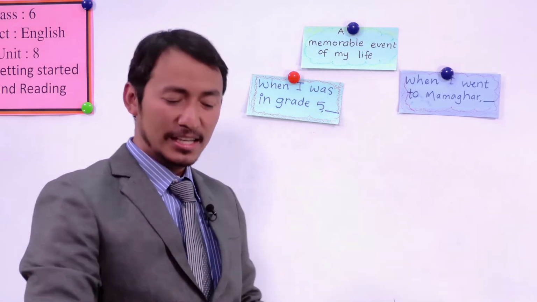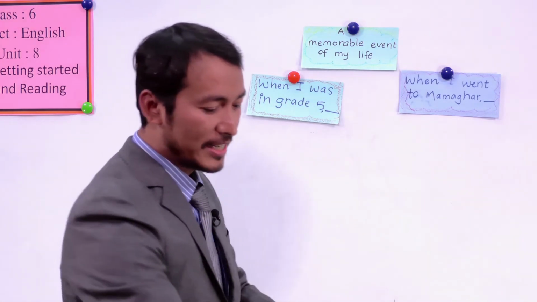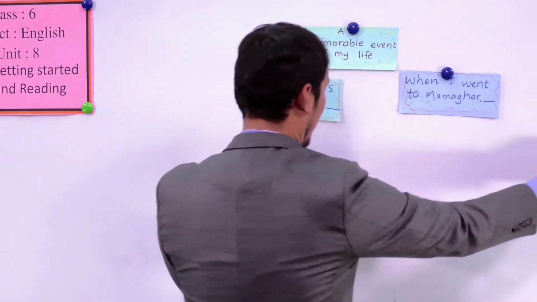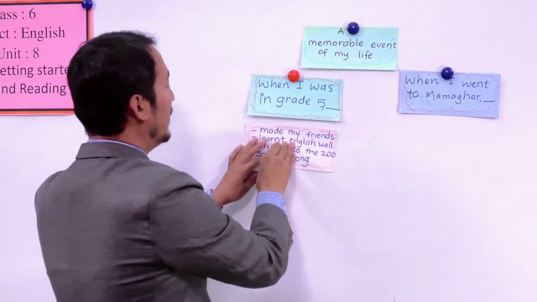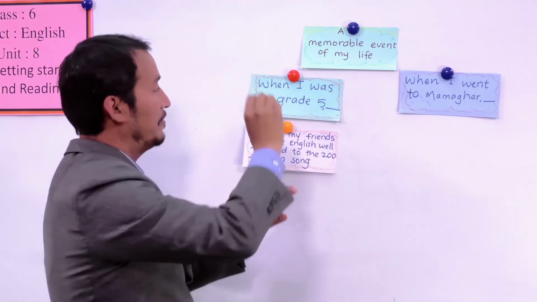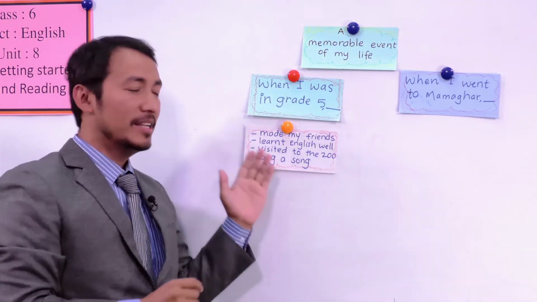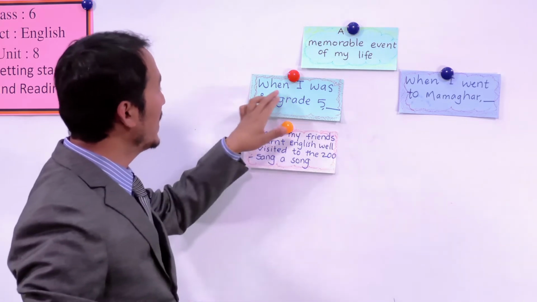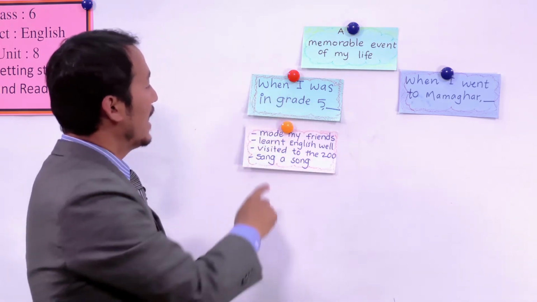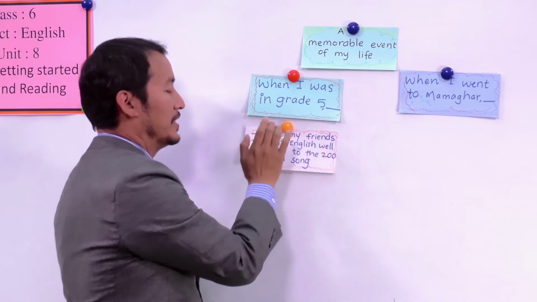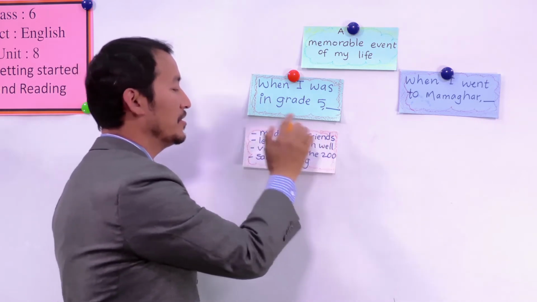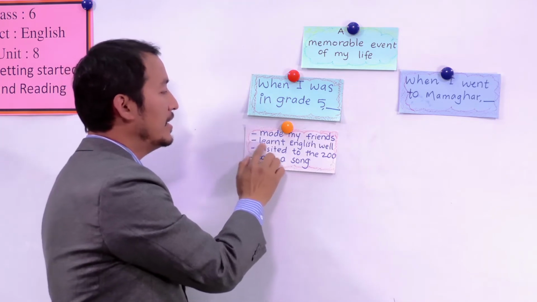For example, I'll give you some examples. What can be those events or activities that you might remember? For example, when you were with your friends in grade 5, you can say, when I was in grade 5, I made my friends. I made my best friends. You can remember the names of the friends. I learned English well.